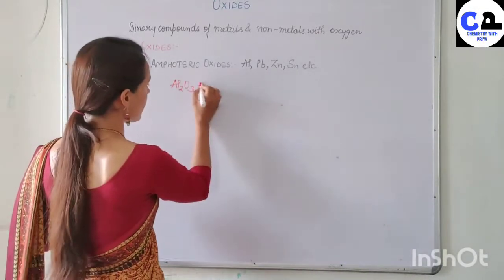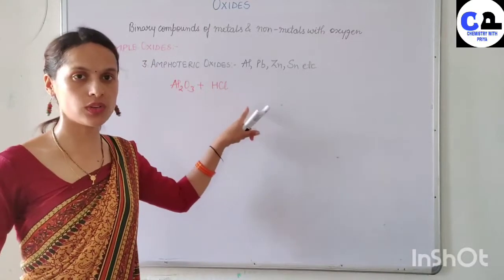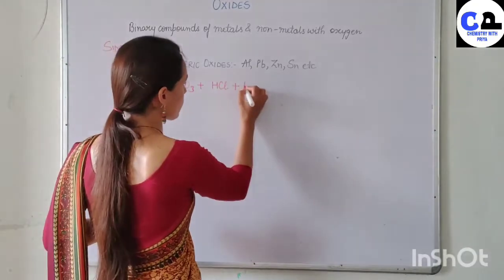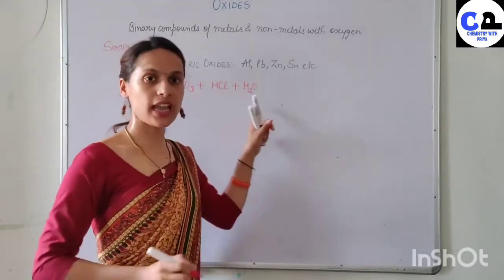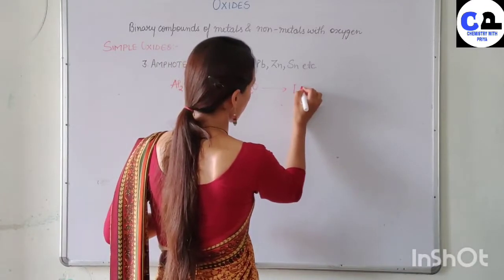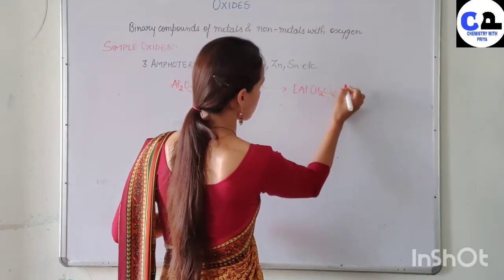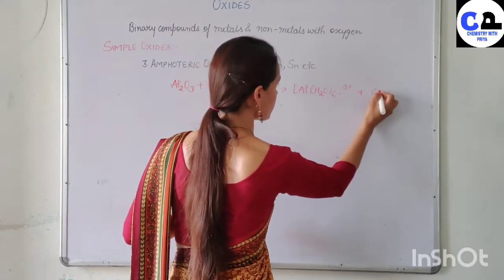Now, when this Al2O3 reacts with HCl, that is, with the aqueous solution of acid, then it forms [Al(H2O)6]3+ plus Cl-.